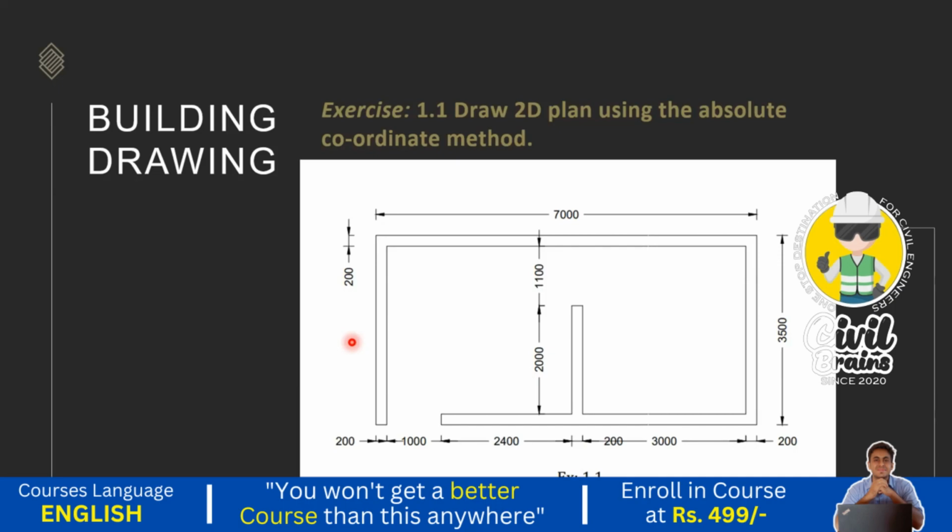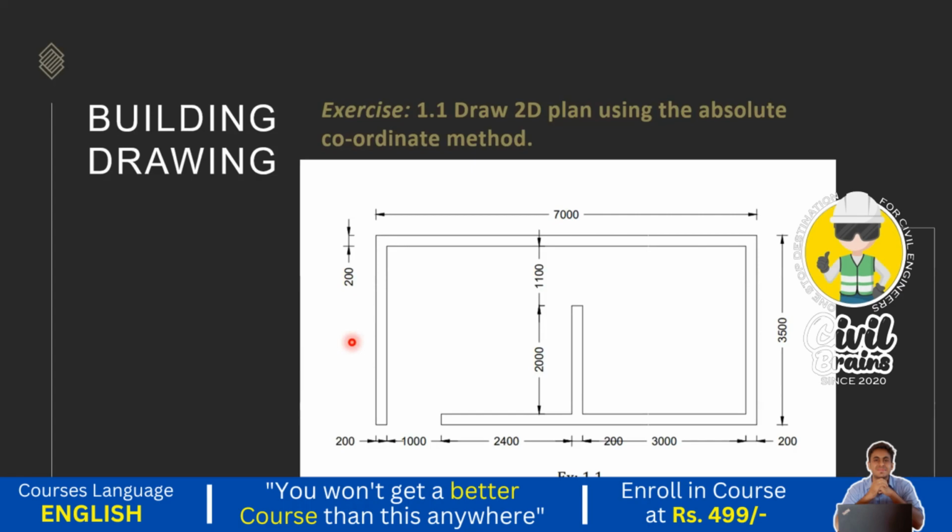Before starting the drawing, I just want to tell you there are two methods of doing any plan. One is drawing by using the tool commands, and the other is the coordinate system.